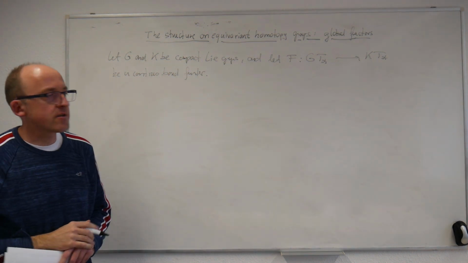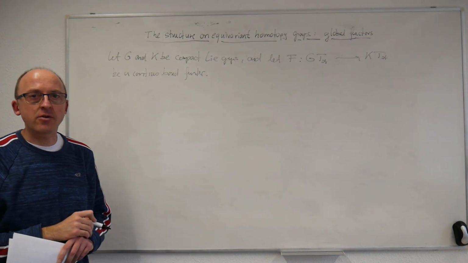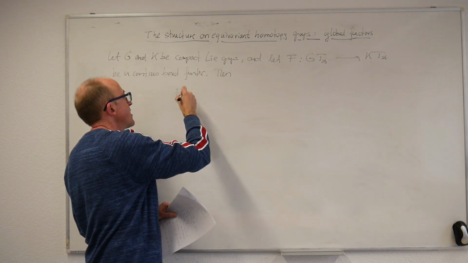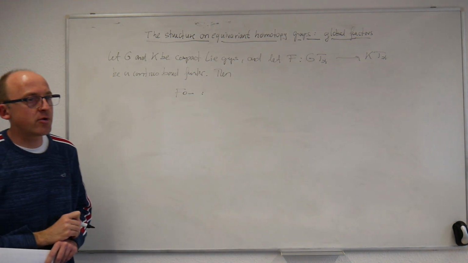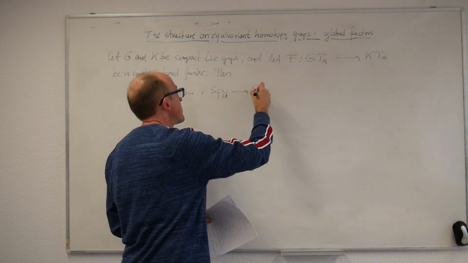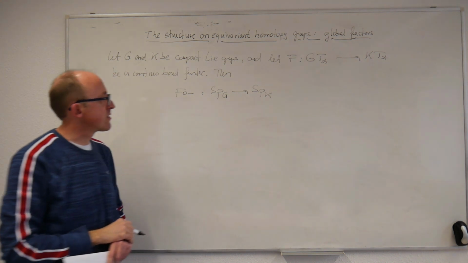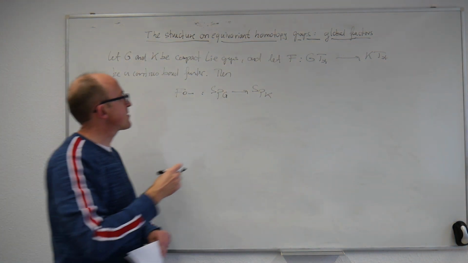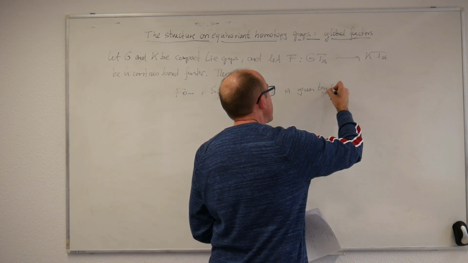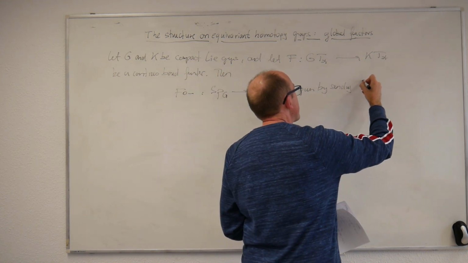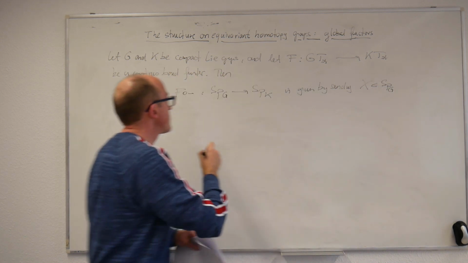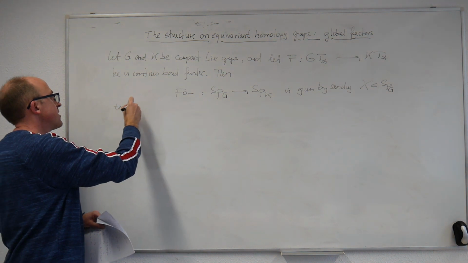And this functor induces another functor on the respective categories of equivariant orthogonal spectra, which I just write F circle blank because it's given by postcomposition with F. It goes from the category of orthogonal G-spectra to the category of orthogonal K-spectra. And this is simply given by sending an orthogonal G-spectrum X through the composite, as the notation indicates.